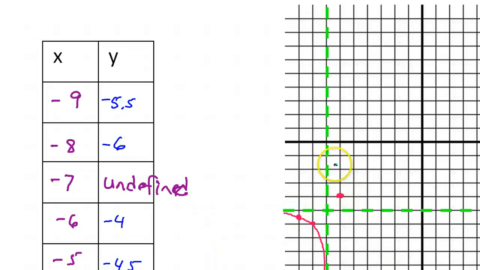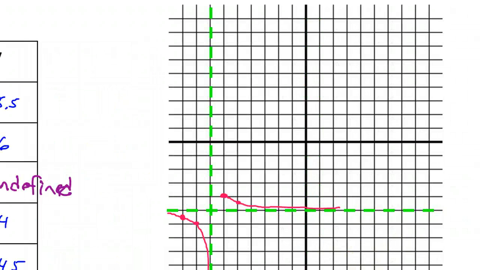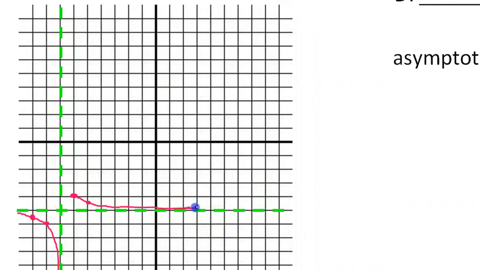And -5, -4.5. These 2 points will help me sketch the graph as well. I'm messed up in this area a little bit, but you get the idea.